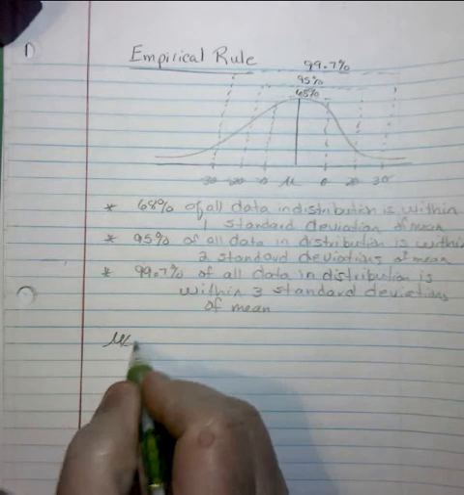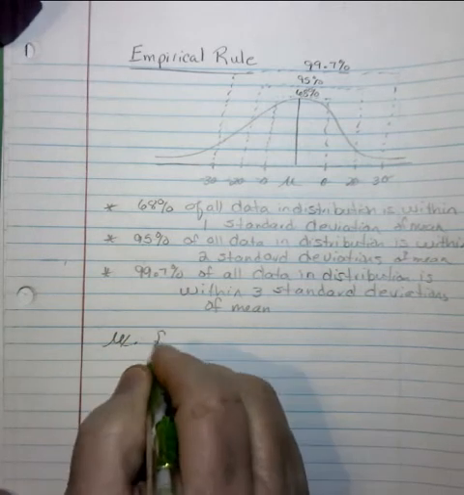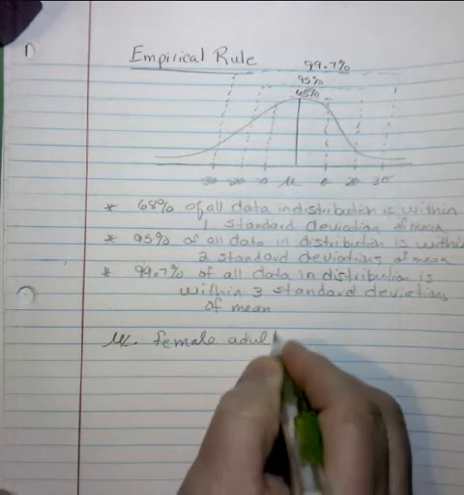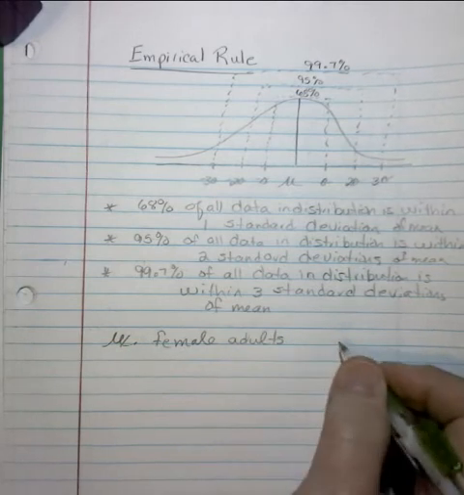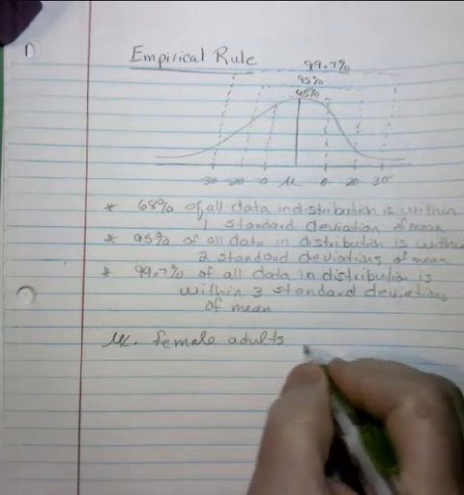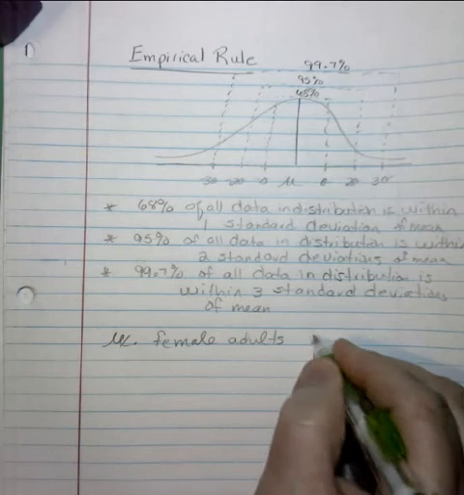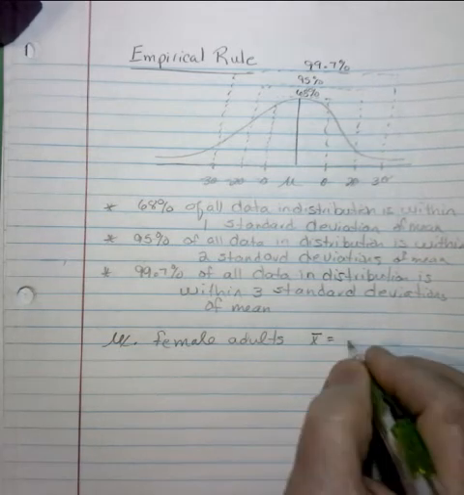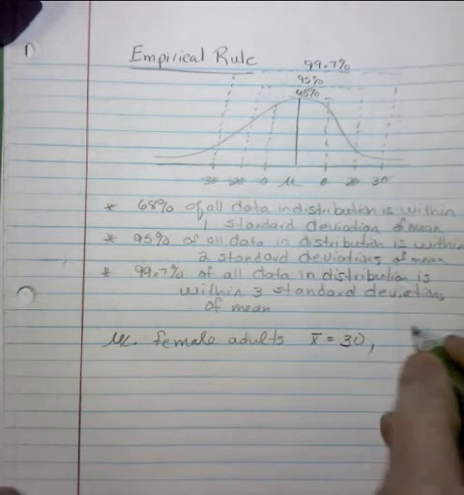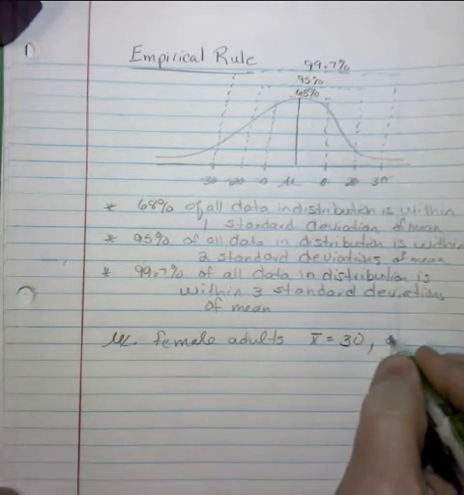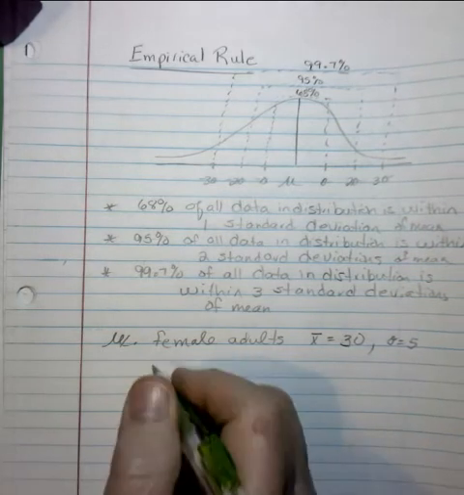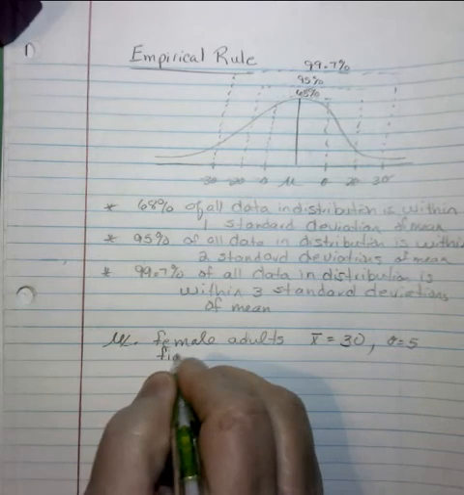So if we had female adults that had an average age of 30 and a standard deviation of 5, we want to answer the following questions.